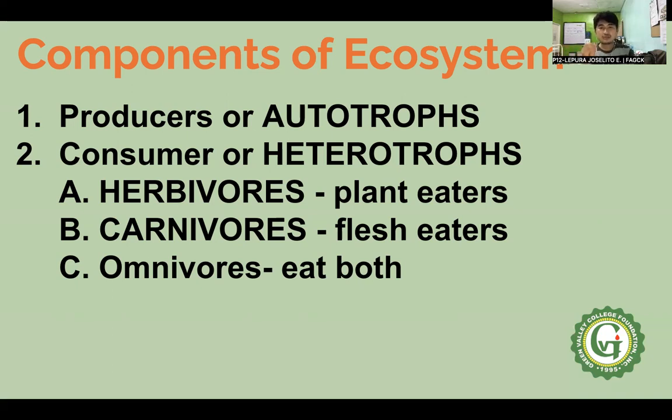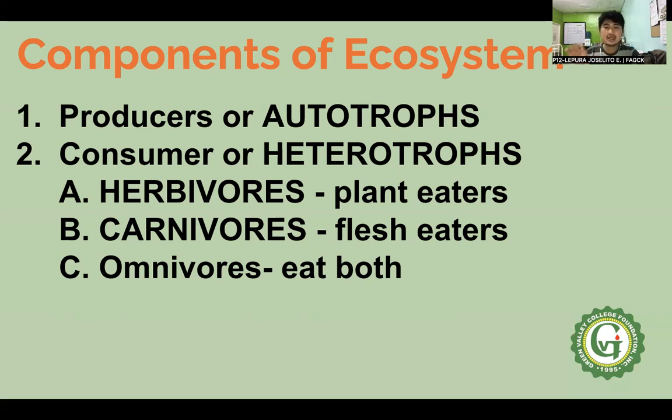Now, your heterotrophs are subdivided into three. Remember this: herbivores, carnivores, and omnivores. When we say herbivores, herbs, remember, plant.